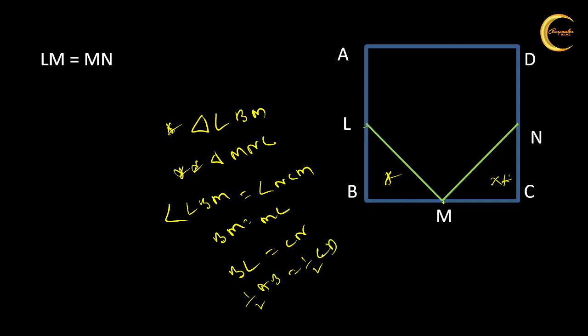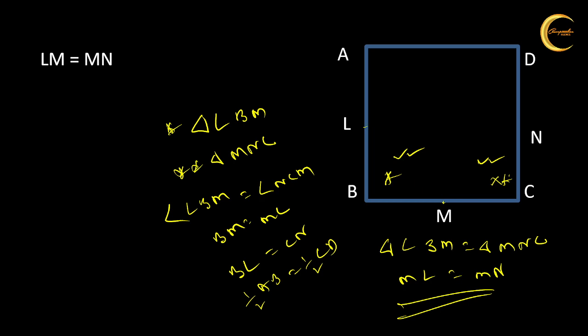So two sides are equal and two angles are equal, so triangle LBM equals triangle MNC in all respects. So LM equals MN.